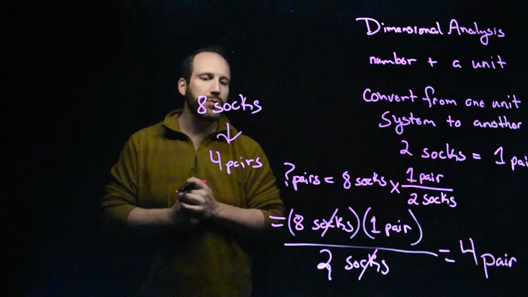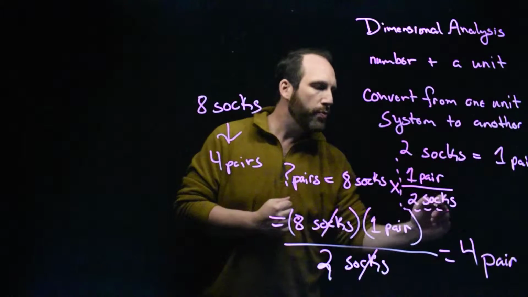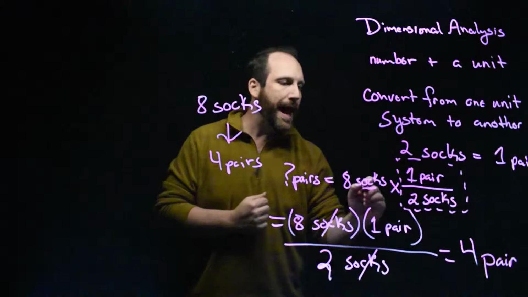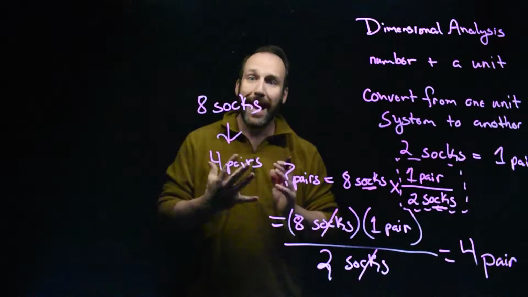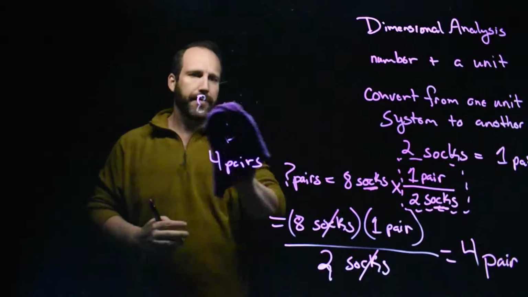So 8 socks is equal to 4 pairs. Well, we know that because of this really important conversion factor that allowed me to cancel out the unit socks and be left with the unit pair. Okay? Let's try another one.